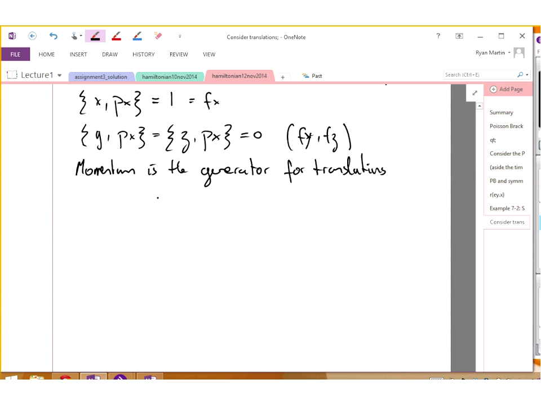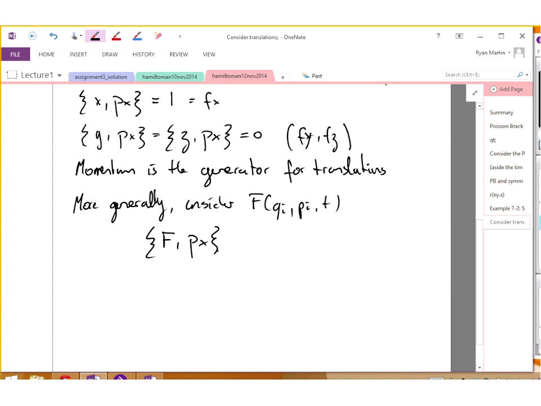So consider more generally a function f, some function of the qi, pi's, and t's. We know that the Poisson bracket of f and px, one of the properties that we wrote down for the Poisson bracket, is actually equal to df by dx. That's from the Poisson bracket properties.